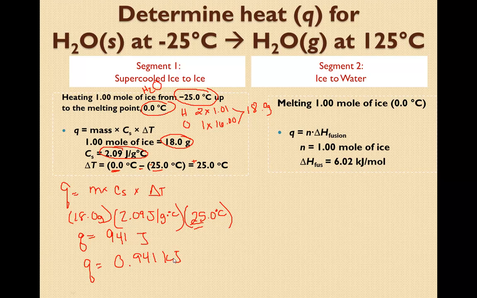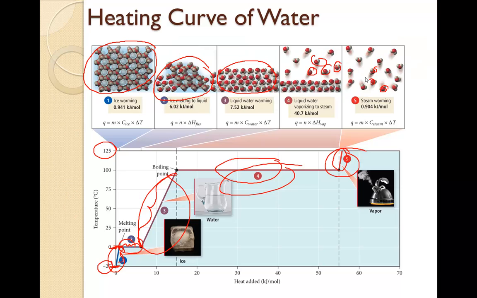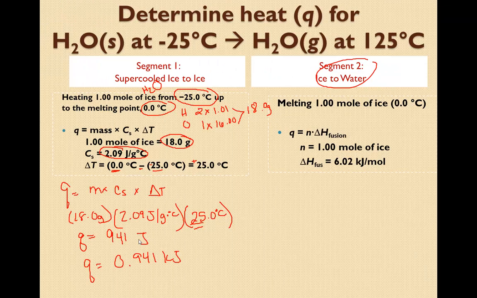Now we're on to segment 2. In segment 2, we now have it at 0 degrees, and we're making it melt. So that's the amount of moles times the delta H of fusion. We're still dealing with 1 mole of ice.